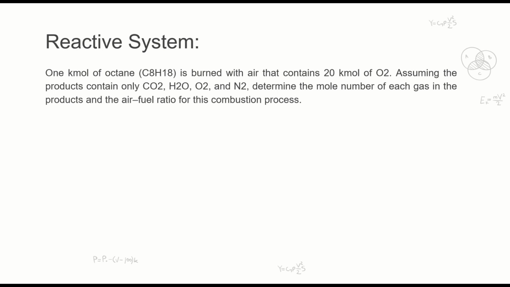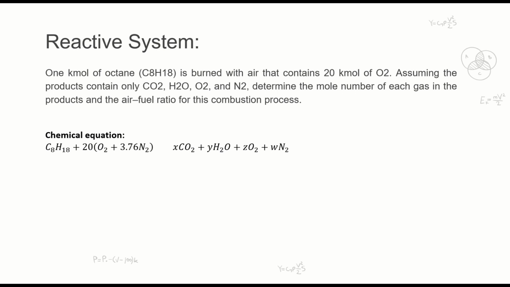So, in this problem, we are asked to identify the mole number of each gas and also the air-fuel ratio for this combustion process. So, let's start. First, we will have the chemical equation.